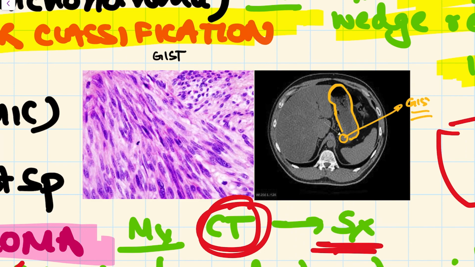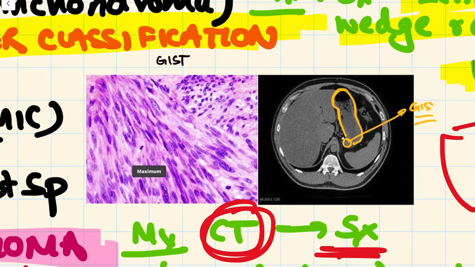And the histopath image, right? On histopath, what we will see are these long elongated cells, called spindle cells, and they have eosinophilic cytoplasm, right?